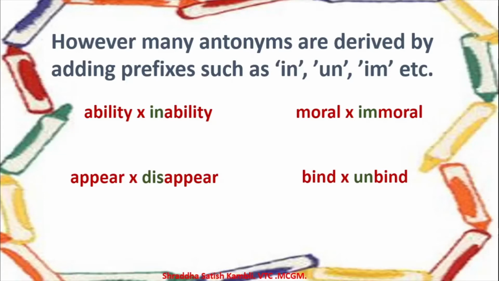One is pure antonyms where the total word changes in the antonym form, and the other is when you add prefixes. Okay? So let us look at some examples now of pure antonyms.